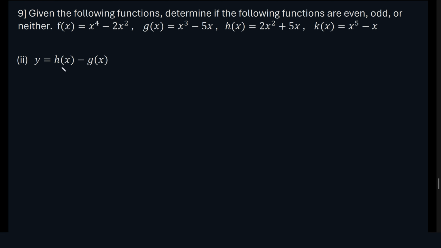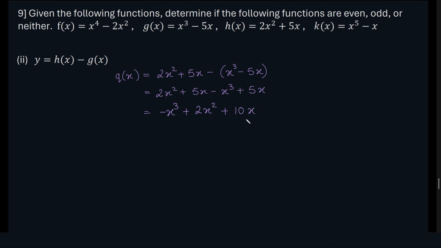Next, y equals h of x minus g of x. This time, let the function be q of x, and that's equal to 2x squared plus 5x minus x cubed minus 5x. Opening the brackets, we get 2x squared plus 5x minus x cubed plus 5x, which simplifies to negative x cubed plus 2x squared plus 10x.